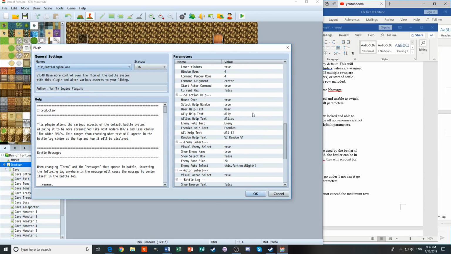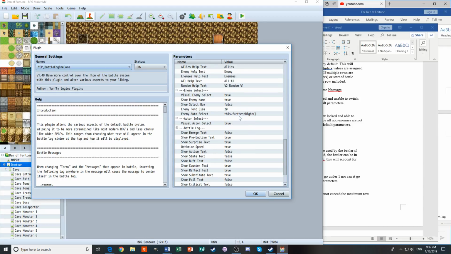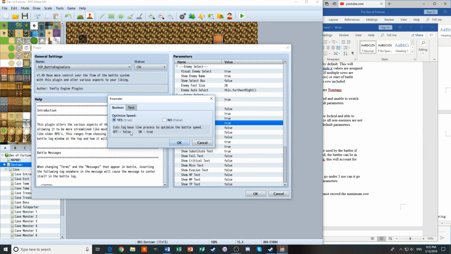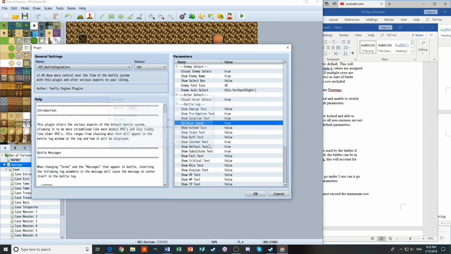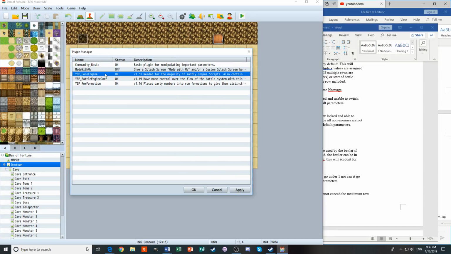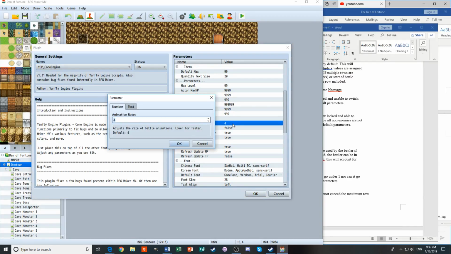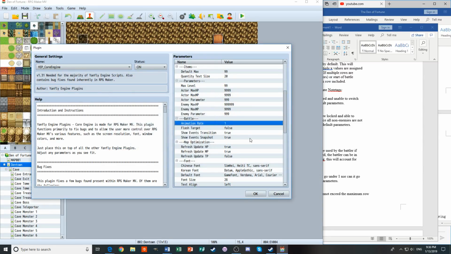Let's check one more time. Selection, enemy select, actor select, battle log, optimize. Okay. Animation rate, there we go. Lower for faster. We'll see what that does.